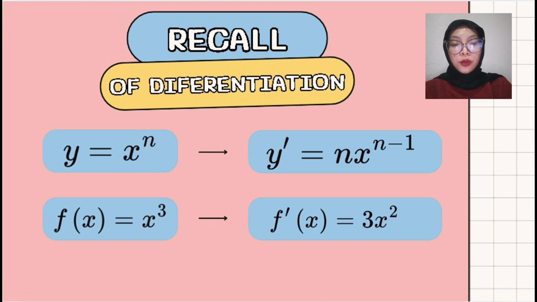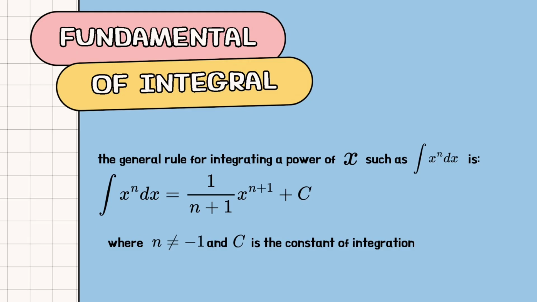This means we take the exponent, which is 3, multiply it in front, and then subtract 1 from the exponent. So, from x cubed, we get 3 multiplied by x, and 3 minus 1 is 2, resulting in the derivative f prime of x is 3x squared.